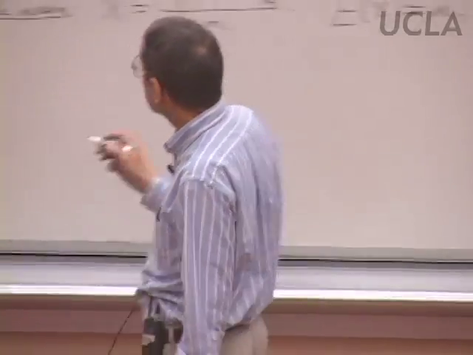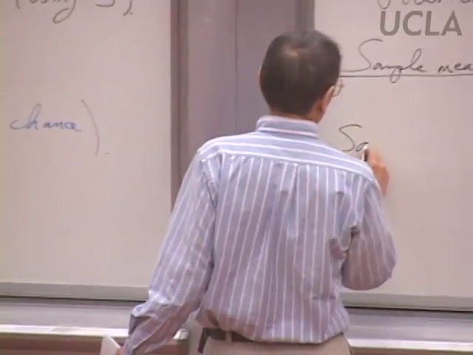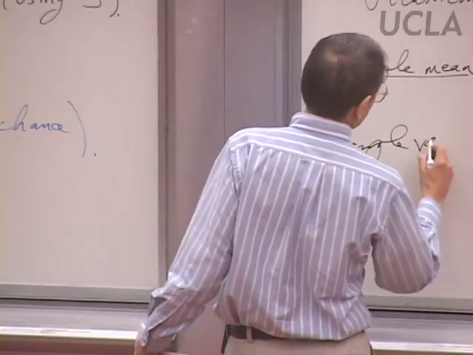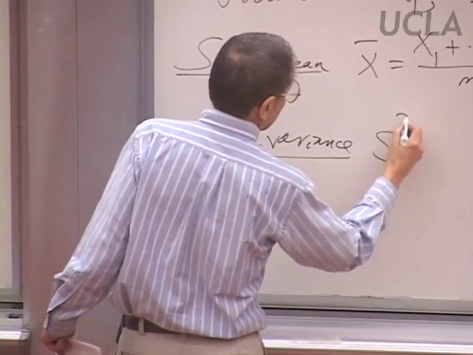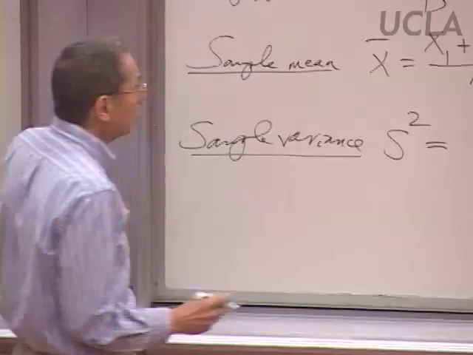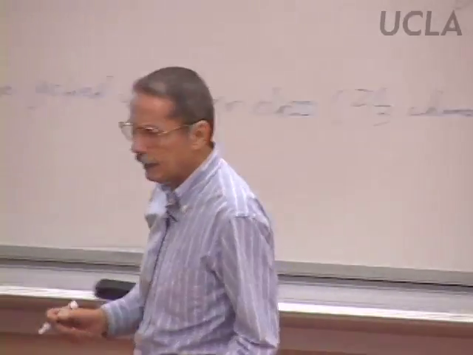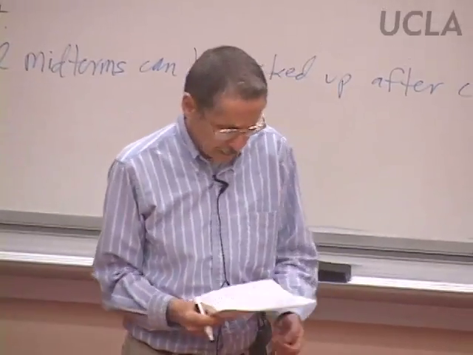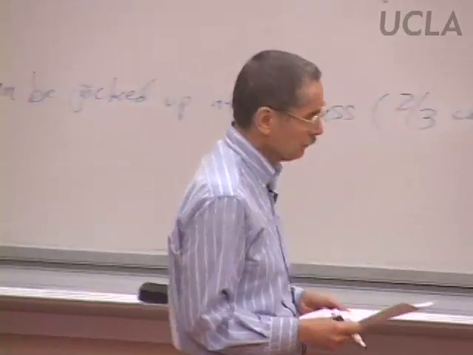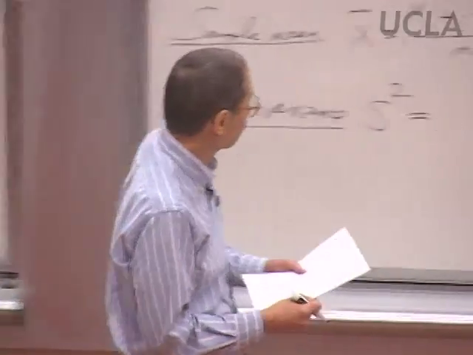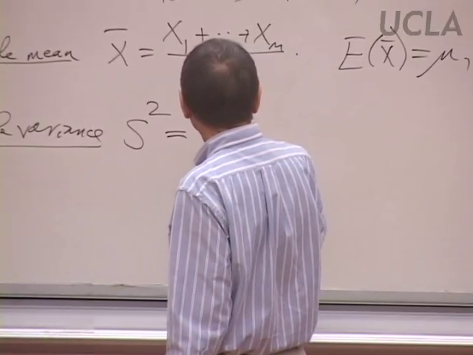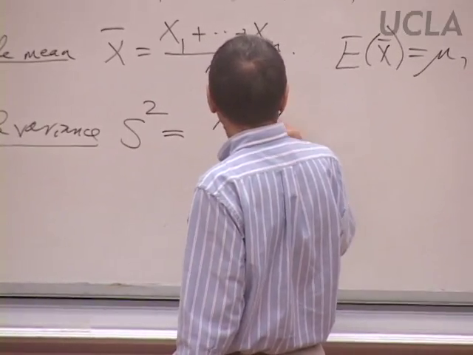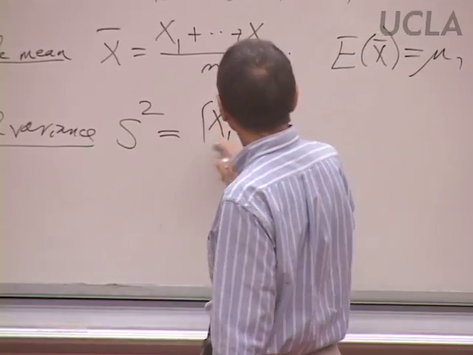And we talked about the sample variance, S squared, and as with the variance before, we have two equations for this. We can look at it as the measurement minus the mean measurement squared.